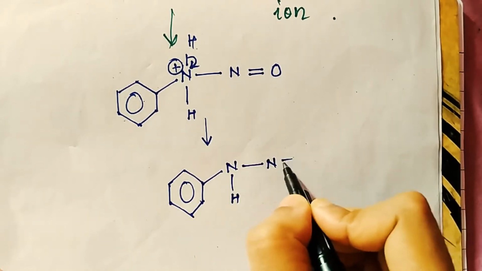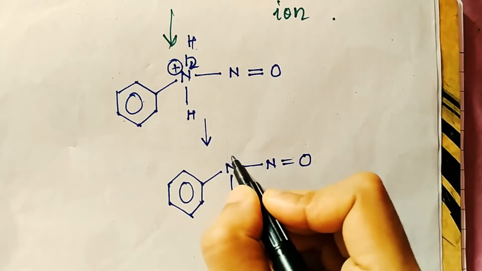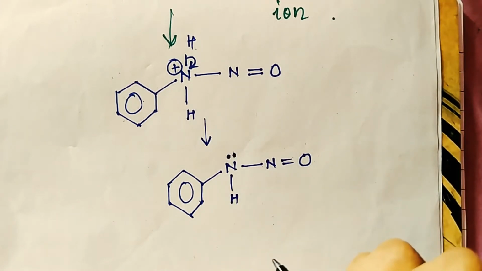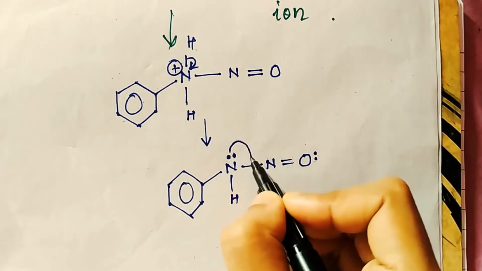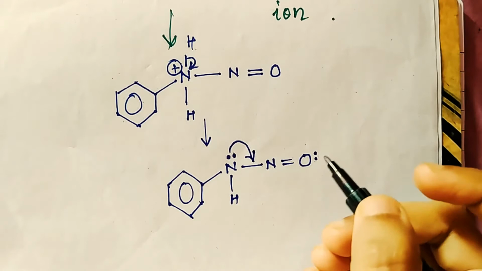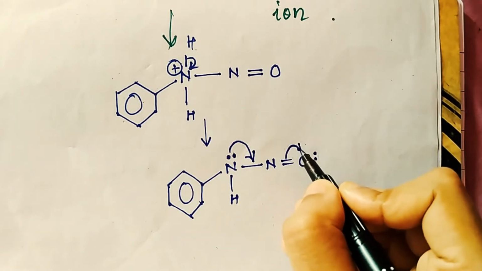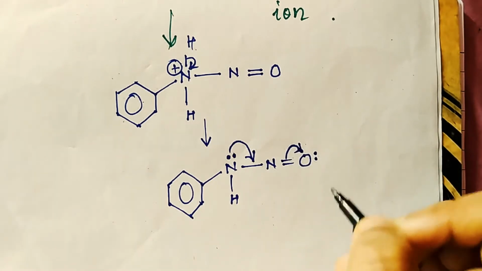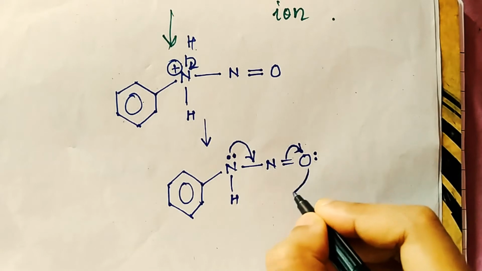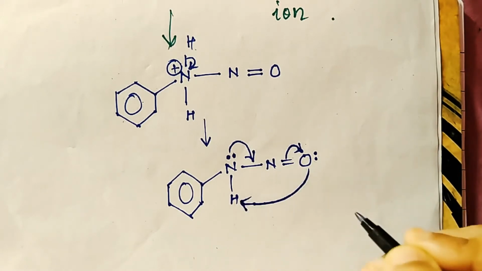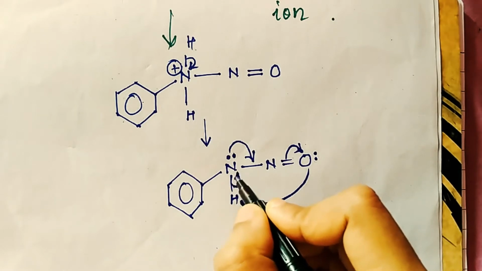NH and a double bond O. Now there are lone pairs, and this nitrogen will try to make a bond, so the lone pairs will come here. From this double bond, one bond will break and the electrons will come onto the oxygen atom. Then oxygen will get a negative charge, and this oxygen will attract one proton, that is H, and this bond will break and go onto nitrogen.